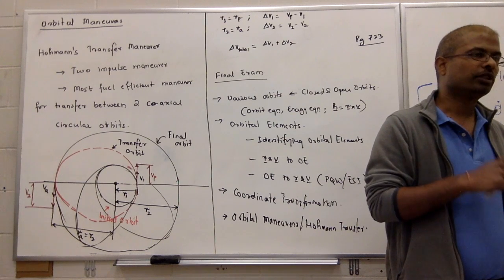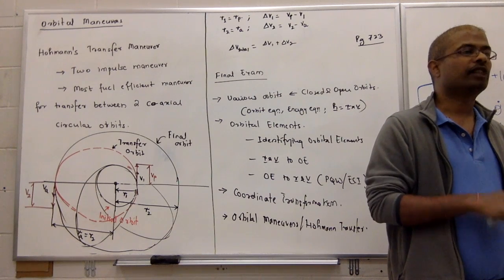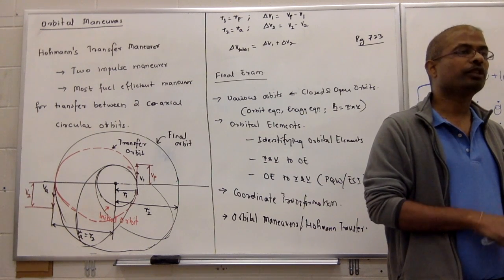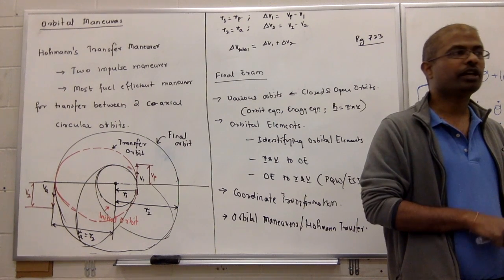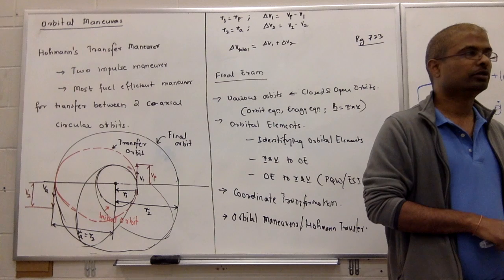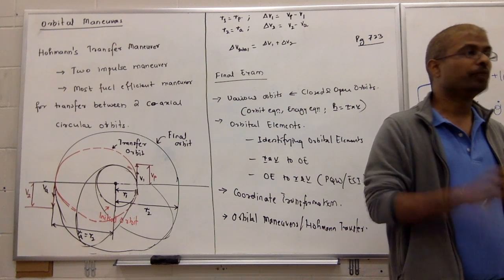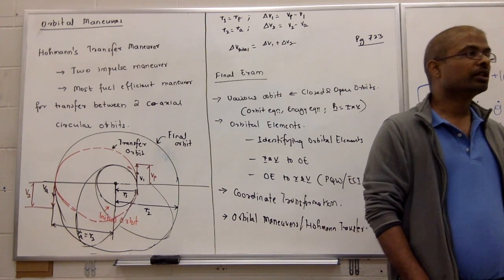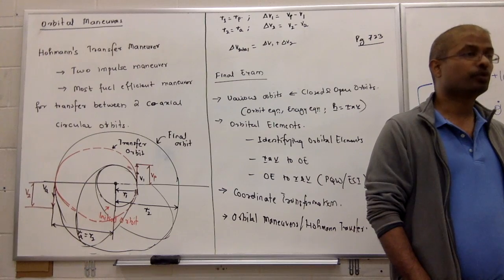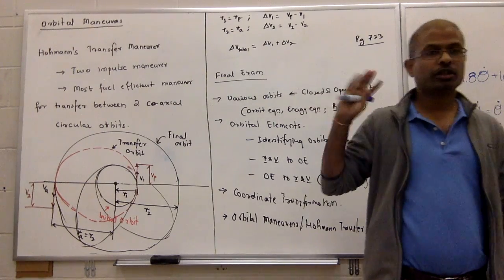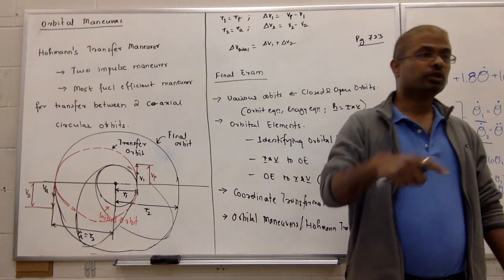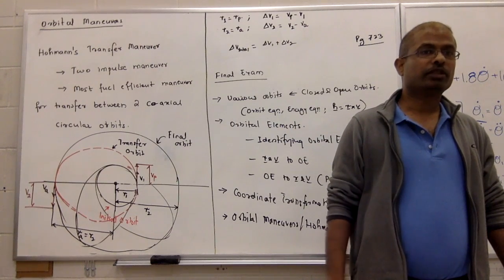Second, I'll offer an elective in satellite design, which is going to be completely based on using software. The medium of instruction is going to be STK, Systems Toolkit. A lot of the things you have learned in orbital mechanics, you'll do in this STK.